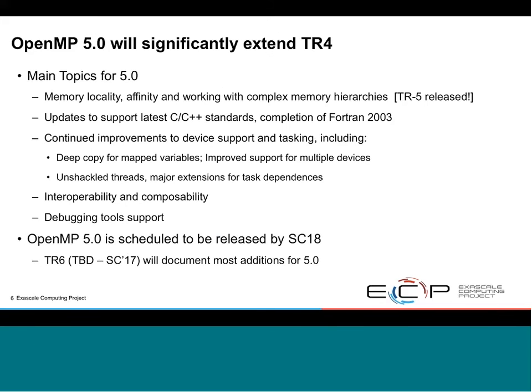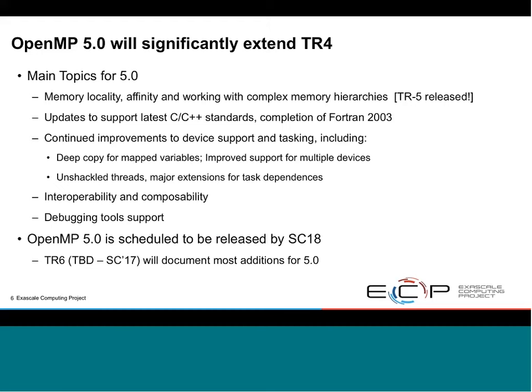So what are we going to be seeing in OpenMP 5.0? Right now, we just have the main topics that are driving the standard, and the topics that we want to address in OpenMP 5.0 are related to memory locality, affinity, and how to manage complex memory hierarchies.